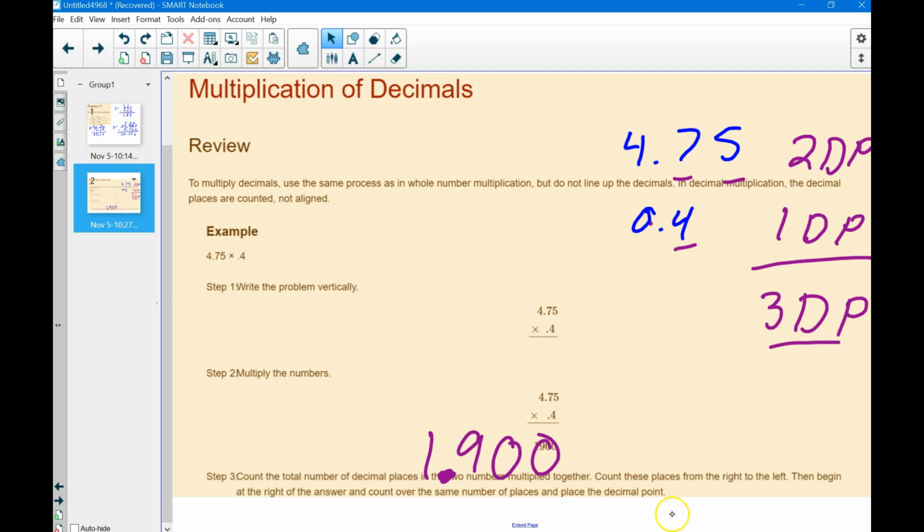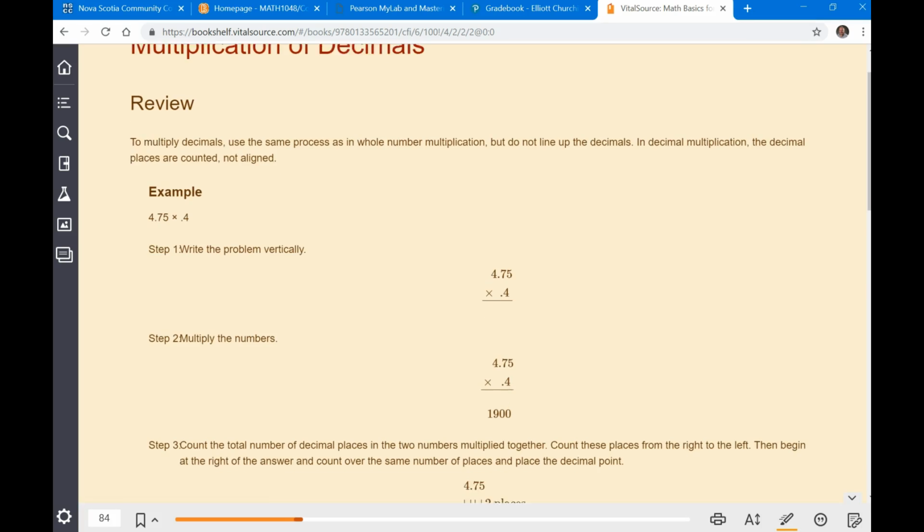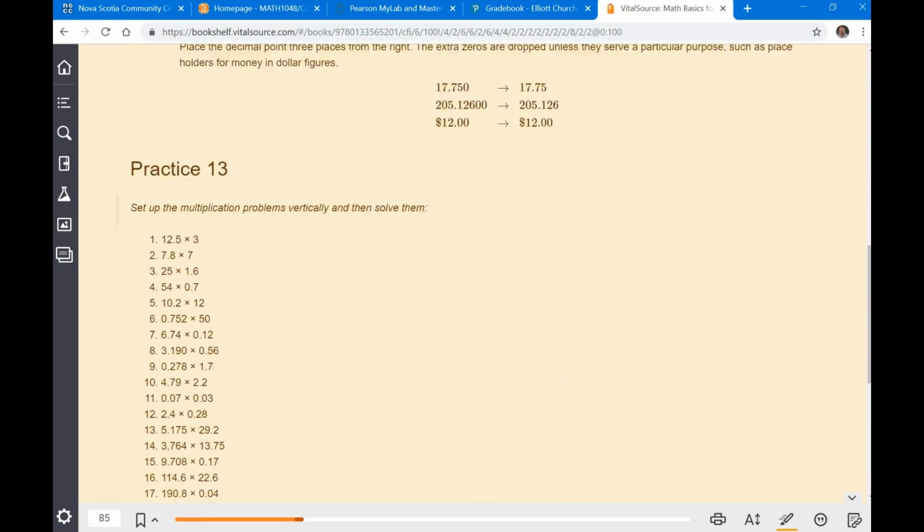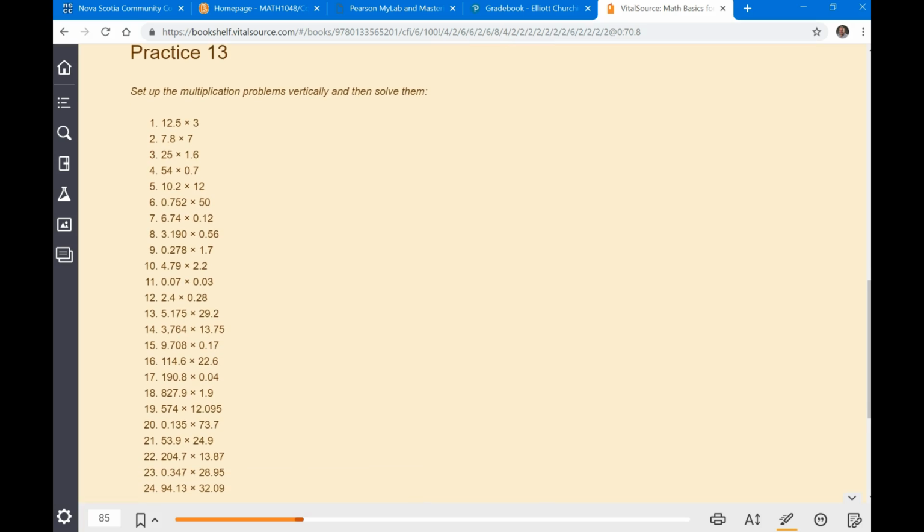There we go. So, back to our book. Let's look at some examples of those. Let's look at the simple one first.